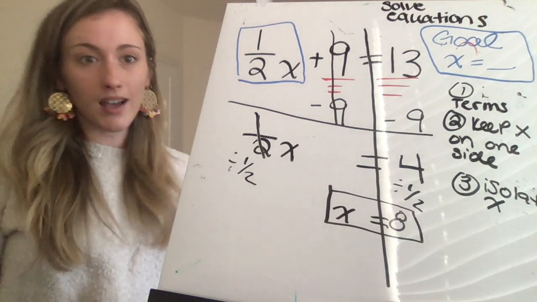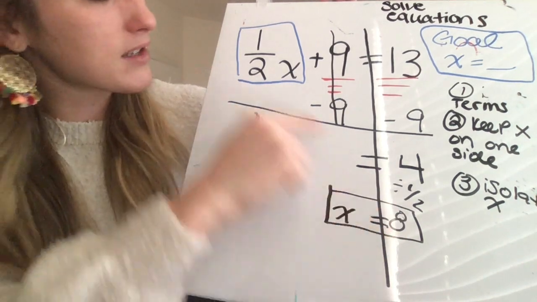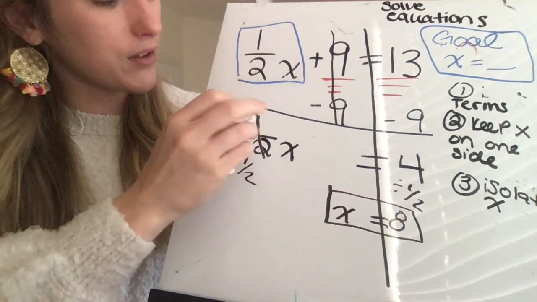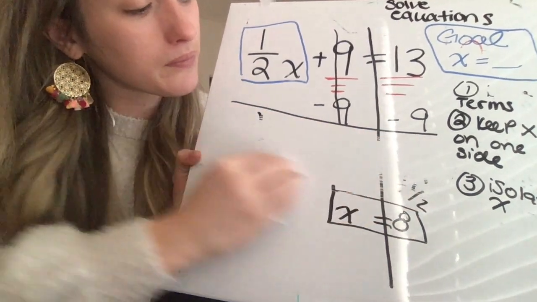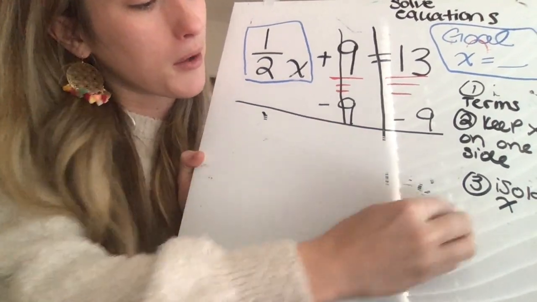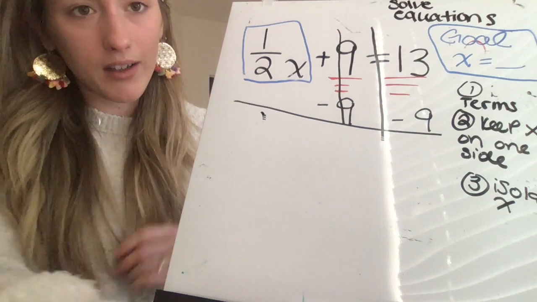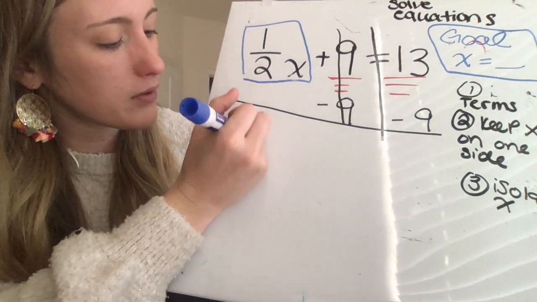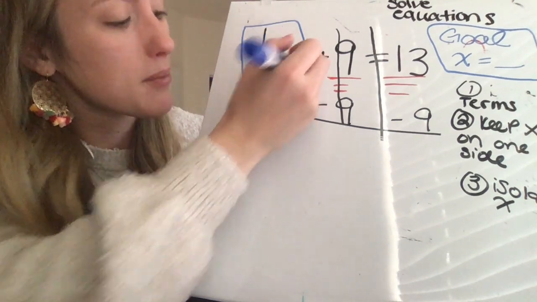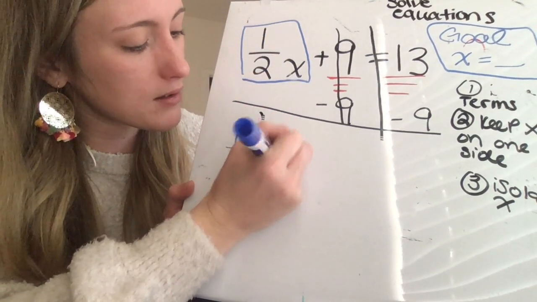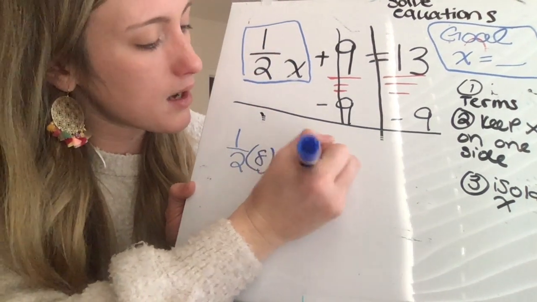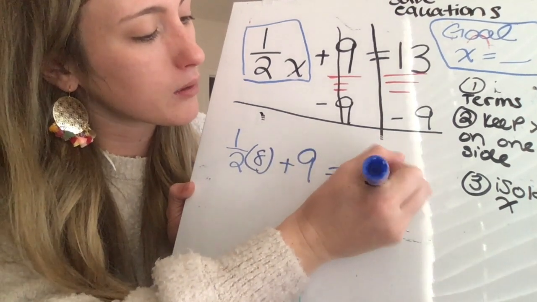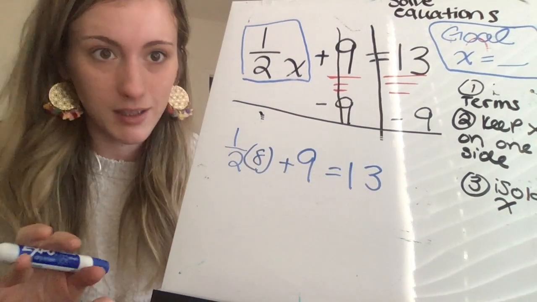This means that we can even guess and check our answer. That means that if x equals 8, if I put an 8 in for this x, then it would all work out. The equation would be true, right? It has one answer, it's an equation. Let's try it out. So 1/2, I'm subbing in that 8 for the x, plus 9 equals 13. I'm guessing and checking my answer.